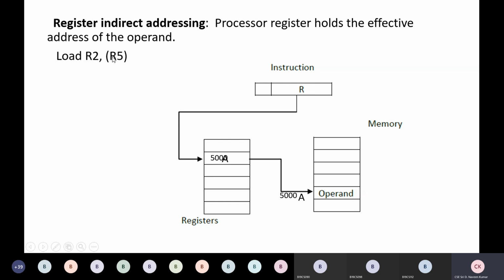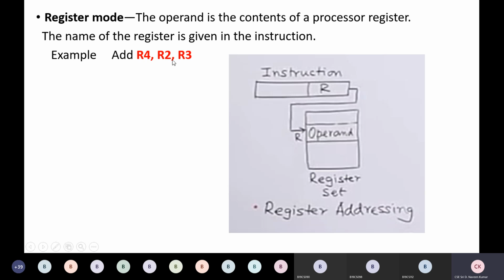Can anybody say in R2 and R5, which mode is R2 following? Register mode. Yes, good. R2 is following the mode I described earlier. Plain R2 is just referring to the R2 register in the processor registers.